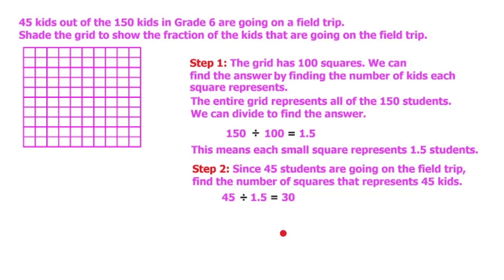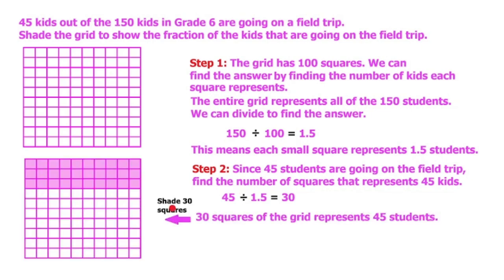So 150 over 45, if you divide that by 100, then you would have to divide this by 1.5, which is the answer to this, and it'll give you 30. So now we shade 30 squares. 30 squares of the grid represent 45 students.